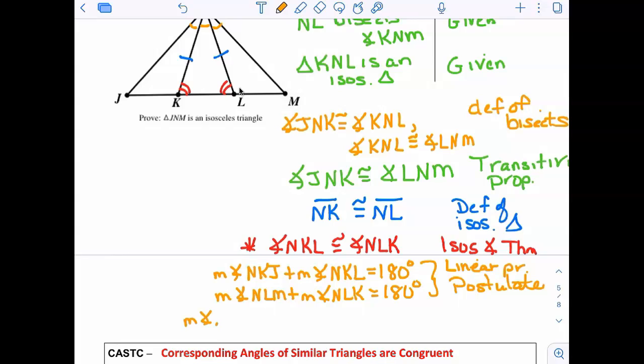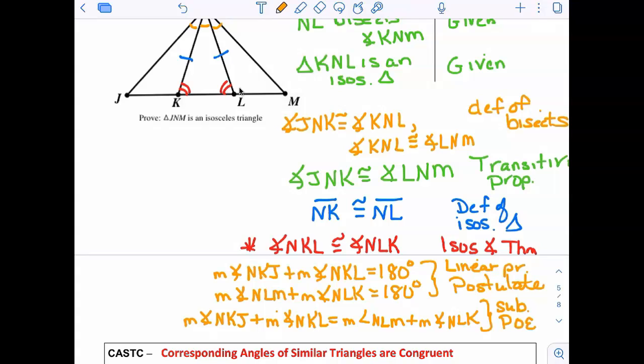So the measure of angle NKJ plus the measure of angle NKL is equal to the measure of angle NLM plus the measure of angle NLK. And that is by substitution, the substitution property of equality.